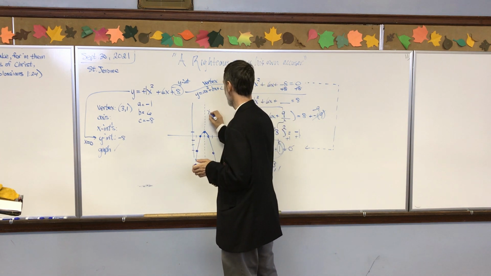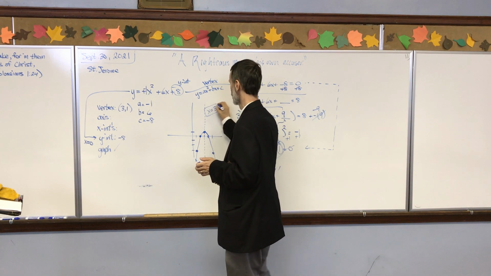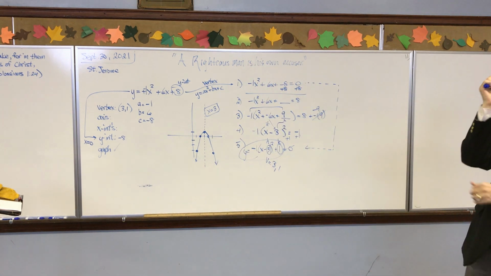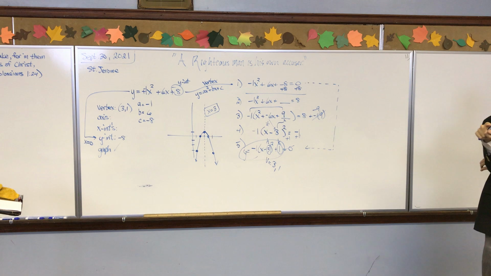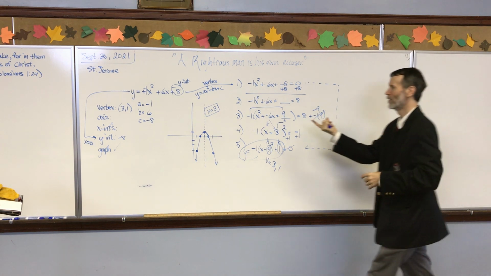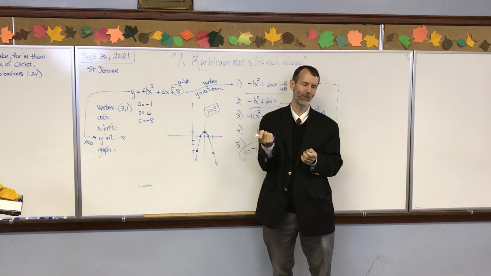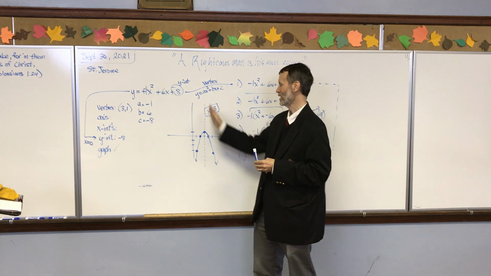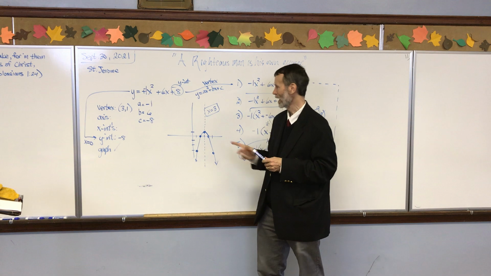X equals 3, correct. Reminder, if you have a horizontal line or a vertical line, it's going to be a very small boring equation like x equals 3 or y equals 2. Y equals 2 would be horizontal. X equals 3, here. So we got the axis of symmetry.